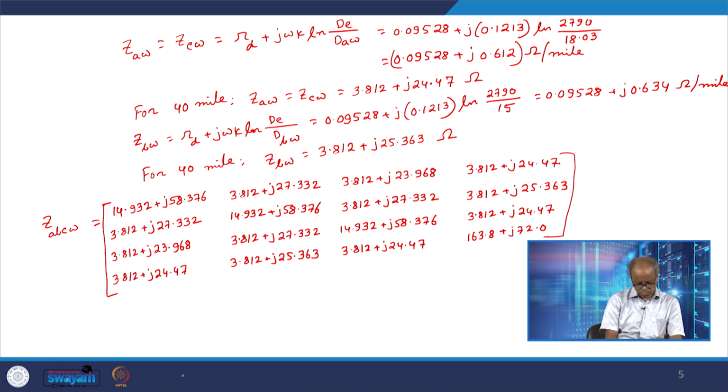Now we do the partition. This 3 by 3 block is ZA, this 3 by 1 is ZB, this 1 by 3 is ZC, and this is ZWW.